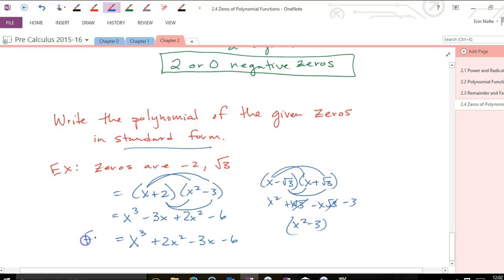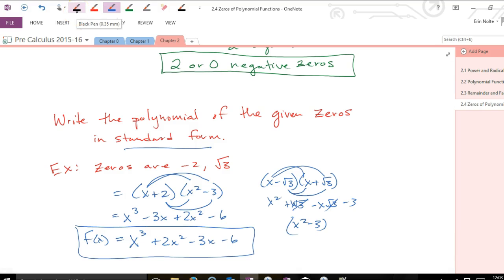So that would be my polynomial with those particular zeros. That gives you the function with the zeros that are given to you. So if you type that into the calculator, that blue equation, it would cross at negative 2 and a square root of 3, and also a negative square root of 3.